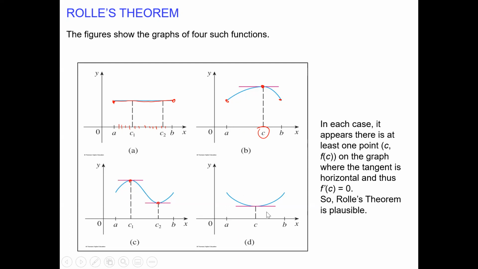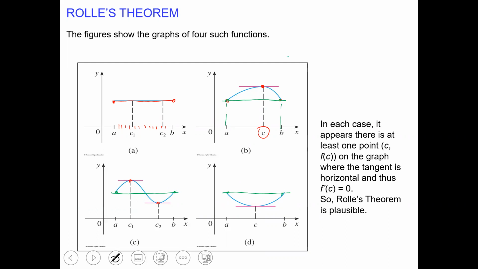And this one is upside down, also a horizontal tangent, derivative 0, and the function is continuous, and values at a and b are equal. Also, what is interesting is that when I connect these two endpoints, since they have the same value, they will create a horizontal line. And thinking about the average rate of change between a and b, it will be 0.